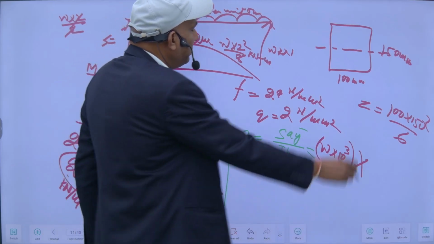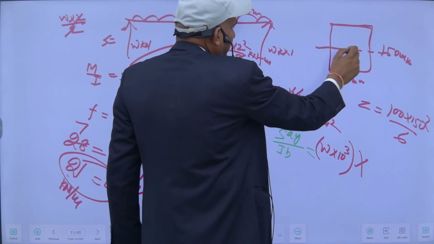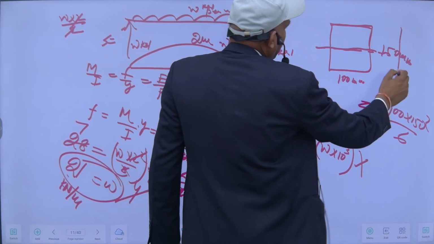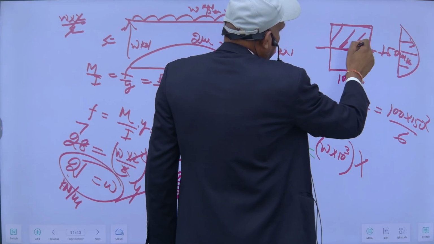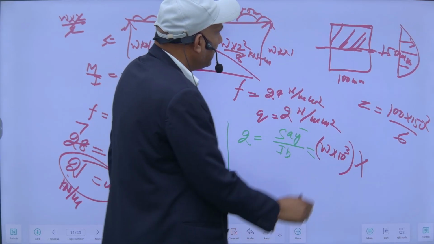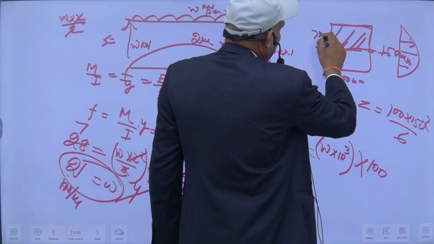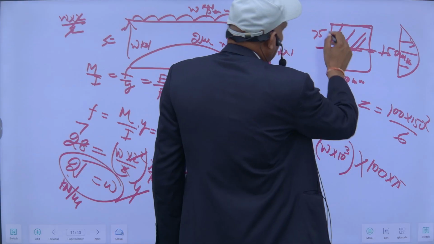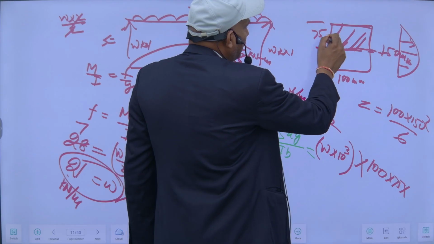My shear stress will be maximum at the neutral axis. So the area of this portion, the bending stress will be like this, the shear stress. The area of this portion will be 100 into 75, half of this, into the distance from its center to the neutral axis.